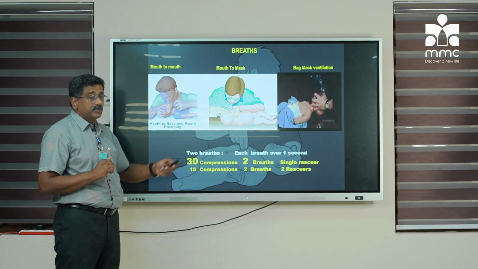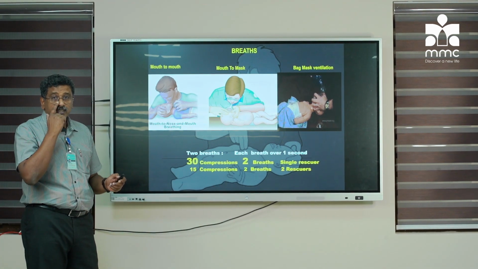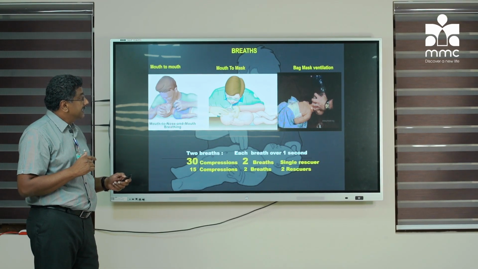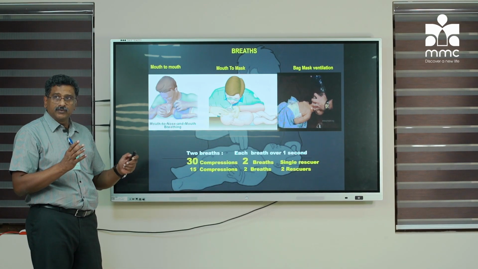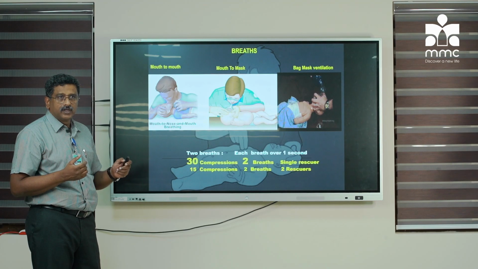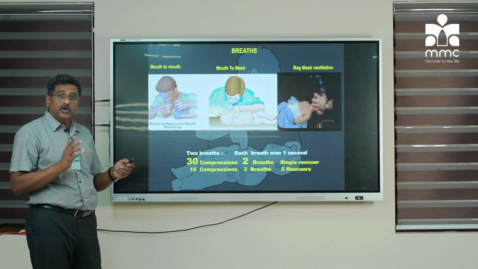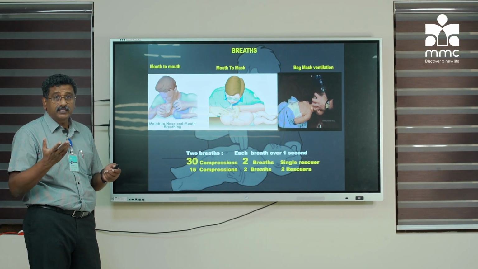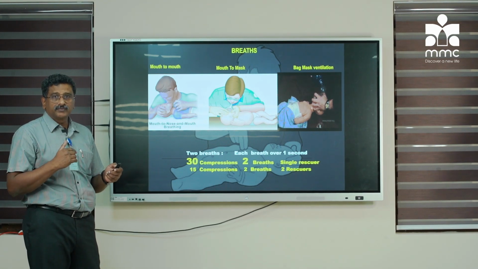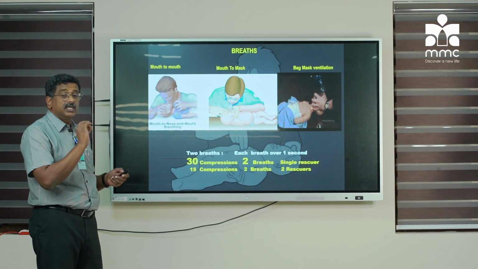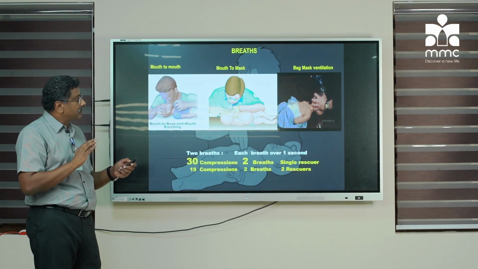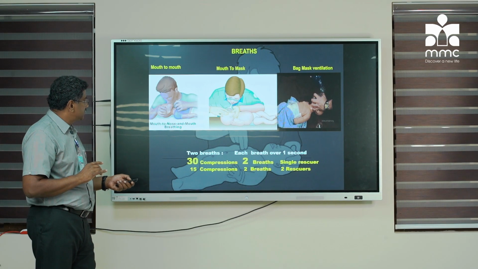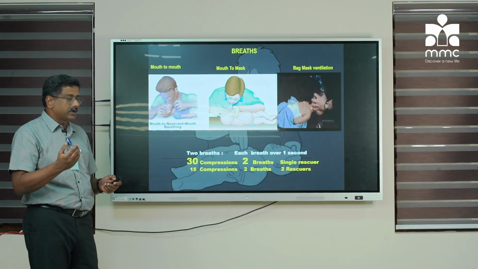But in bag-mask ventilation, in adults we say you should give head tilt and chin lift. But in an infant, if you do that, the airway will not become patent, and there can be a compression of the trachea. So it should be in a neutral position, meaning the head of an infant should be in the neutral position as this picture says.